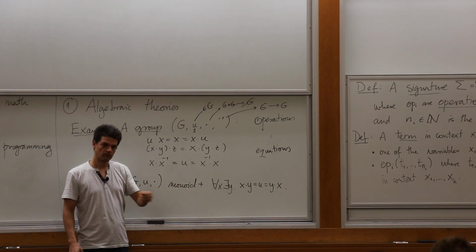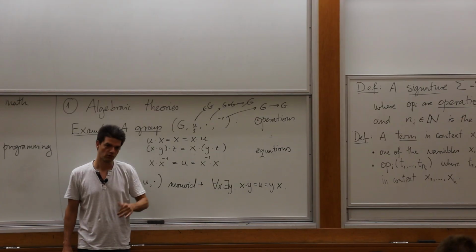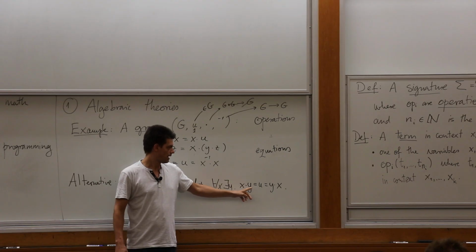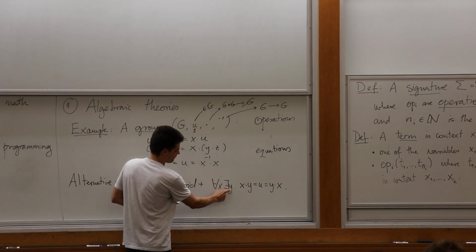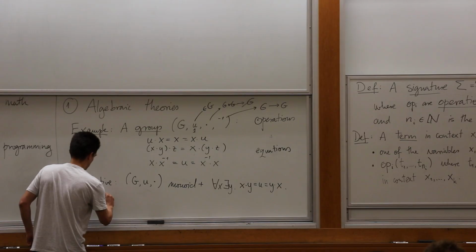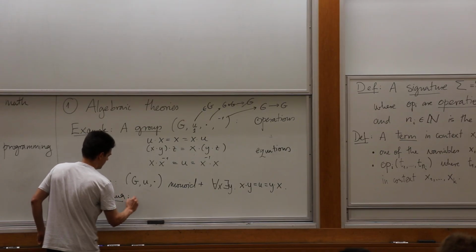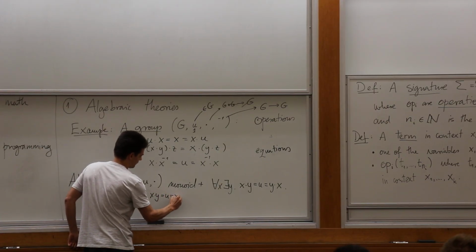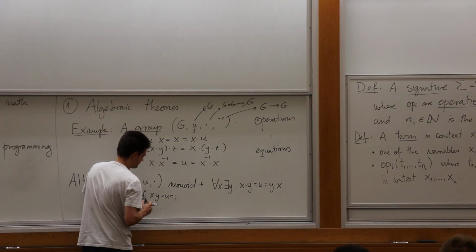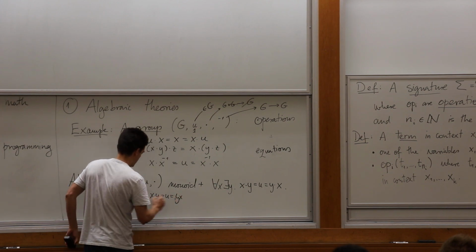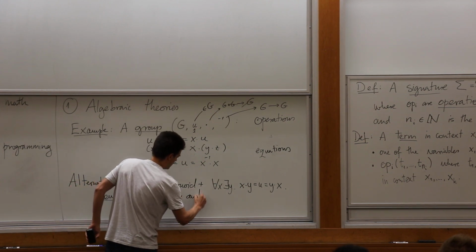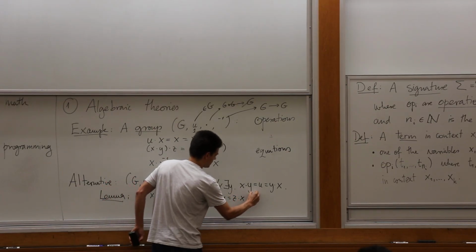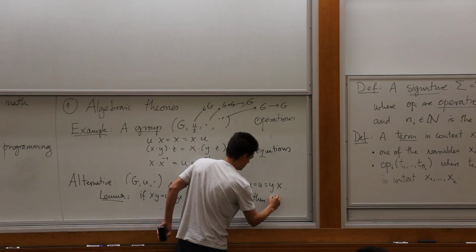And what you do is, so this needs a little bit of proof, and I'm not going to go into it. First, you prove a lemma, so you prove that this y is unique. So you prove the lemma: if x times y equals the unit equals y times x, and x times z equals u equals z times x, then y equals z.